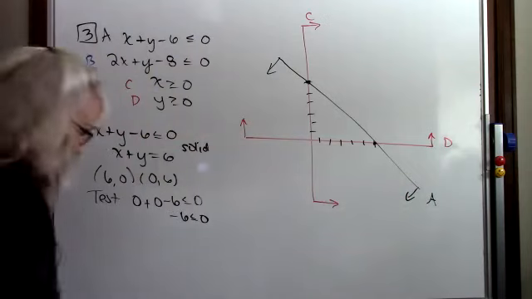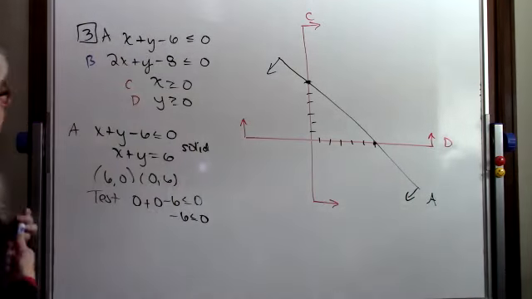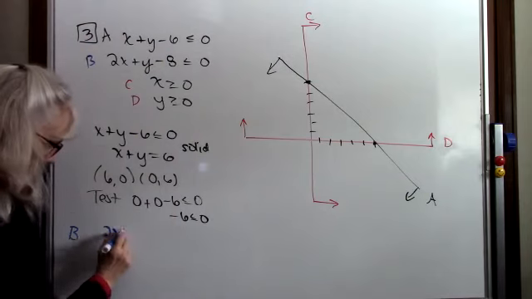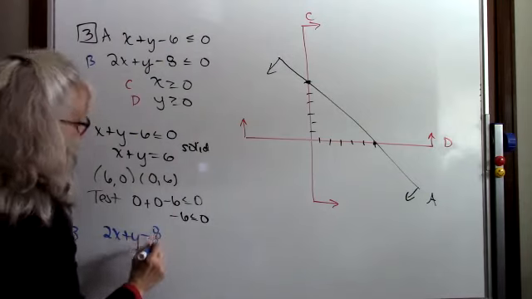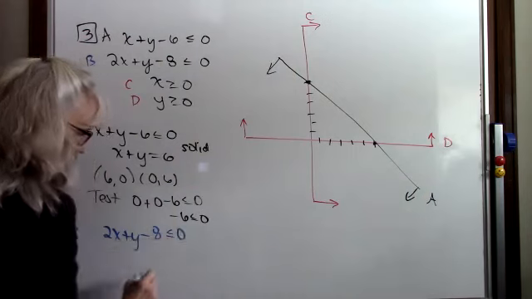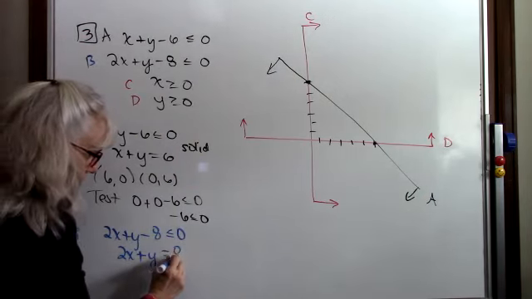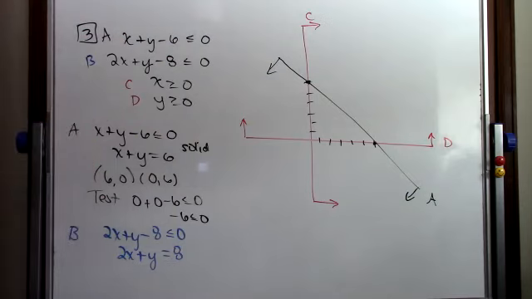Okay, B. We have 2x plus y minus 8 less than or equal to 0. So again, I'm going to make that into 2x plus y equals 8, just to make it easier.